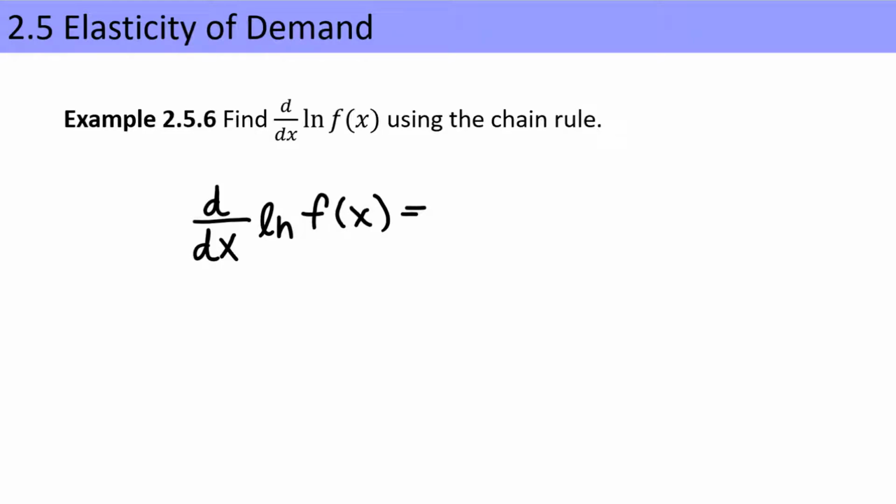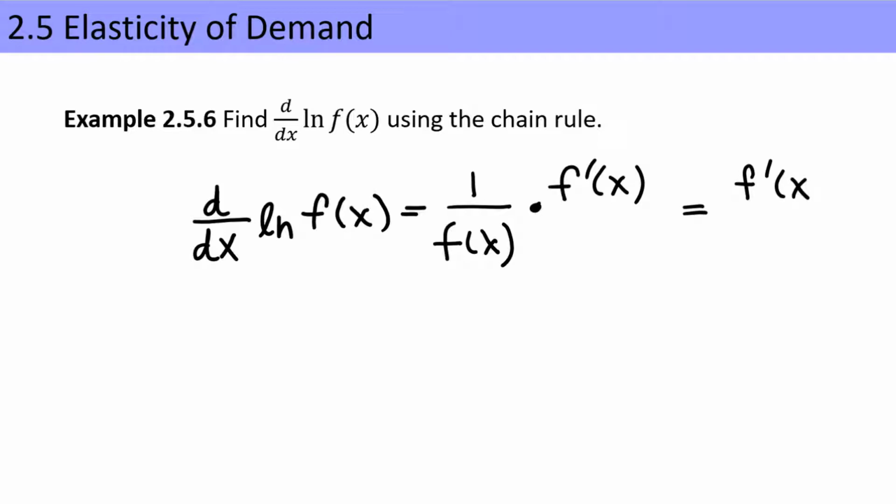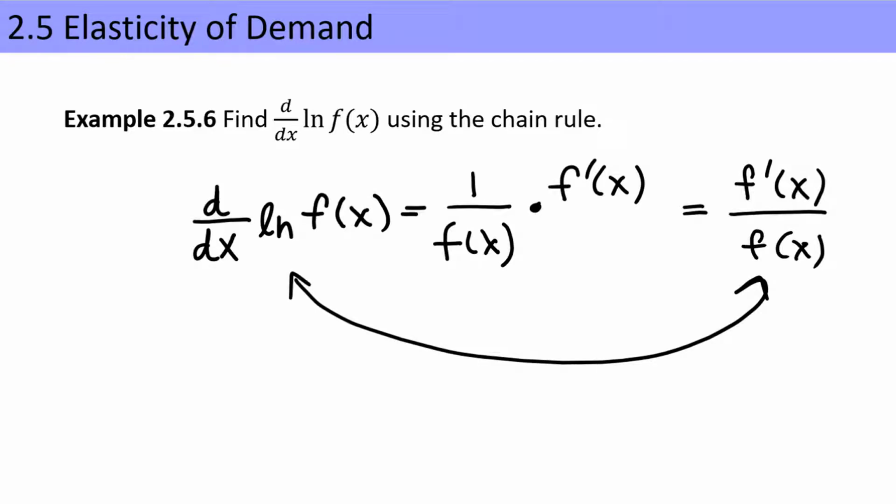The rule tells us the derivative of the natural log of x is 1 over whatever the function is times the derivative of the inside function, which we denote with f prime of x, and that gives us f prime of x, which is the derivative of f of x, divided by f of x. Let's observe that this expression gives you the relative rate of change.